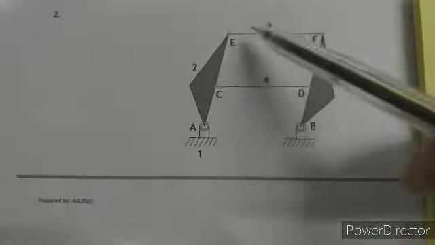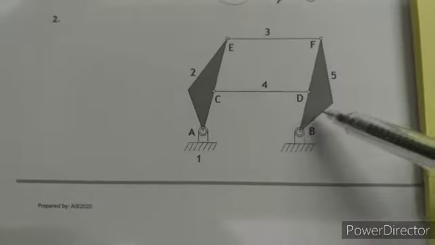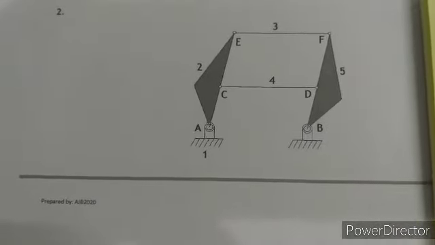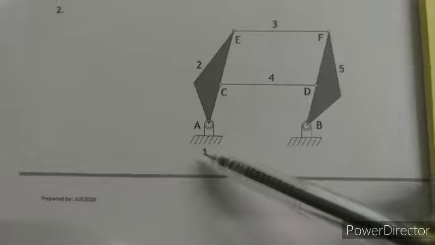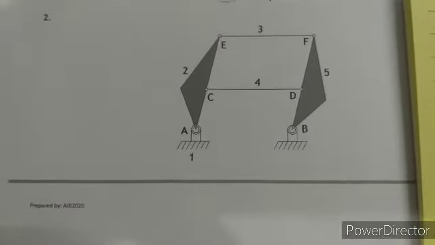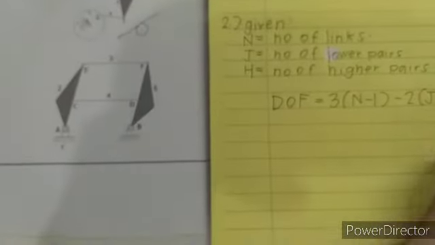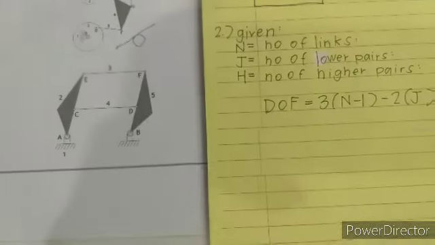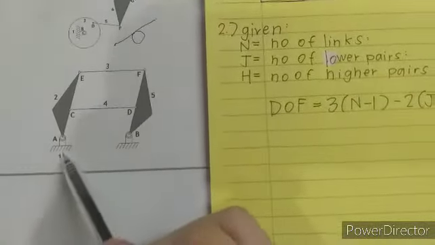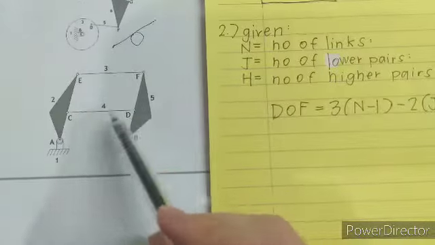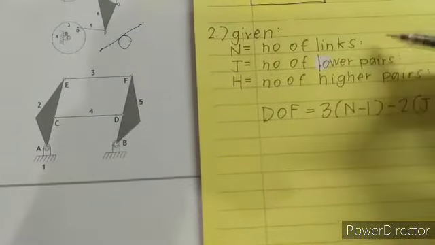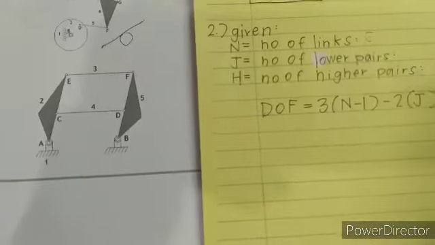This would be binary link, binary link with point of interest. This would be our frame. So let's count this. Number of links would be our frame 1, 2, 3, 4, and 5. So we have 5 number of links.